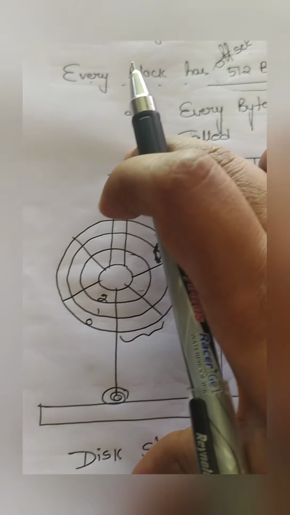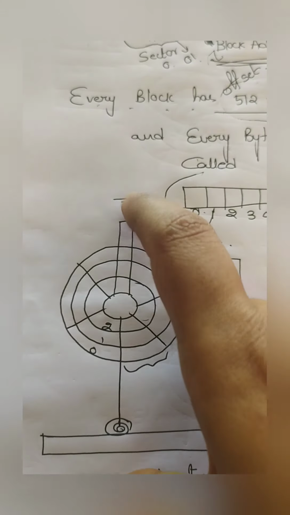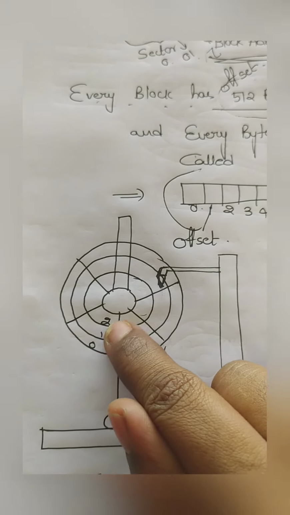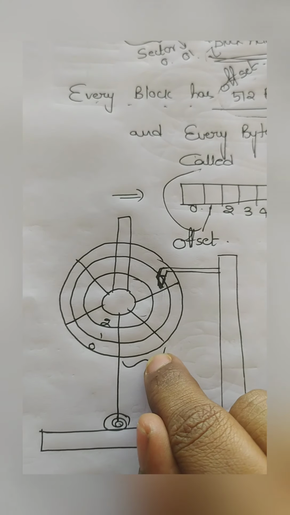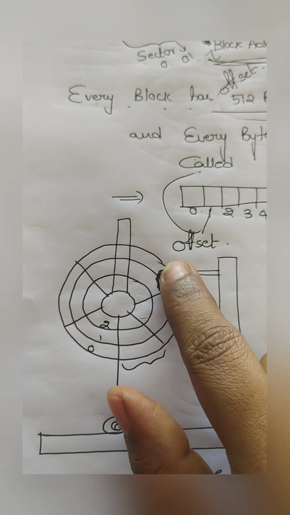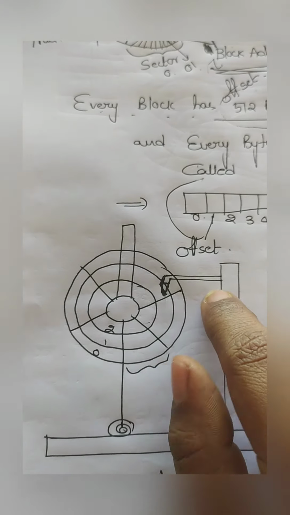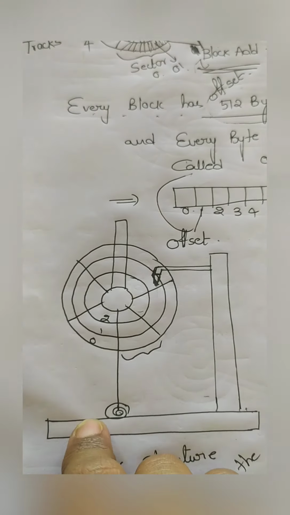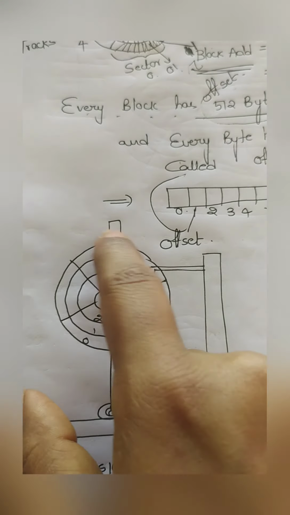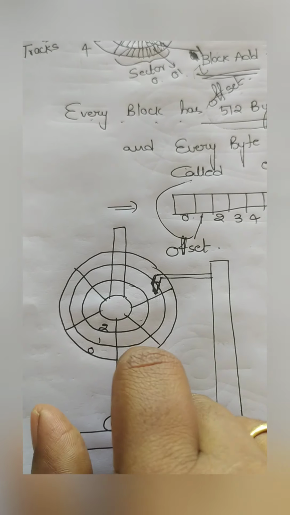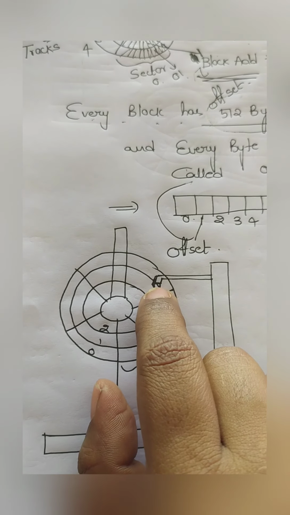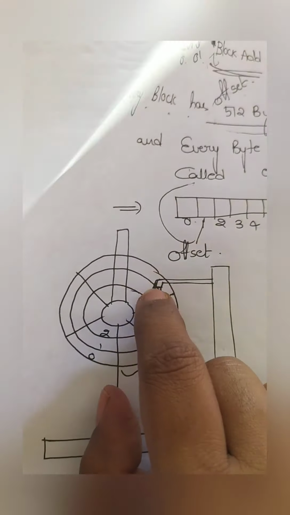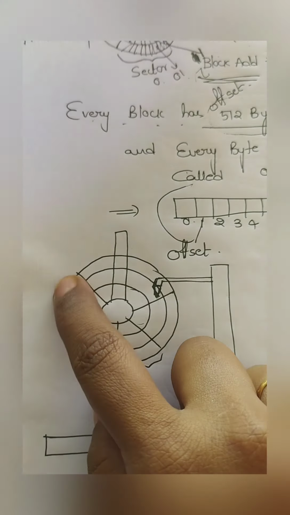Here is the disk structure. Here these are the tracks and these are the sectors. This is the pointer that is called the read or write head, and this is a spindle. Whenever the disk is placed on the spindle, it will rotate, and then the read and write head will read or write the data present on the disk.